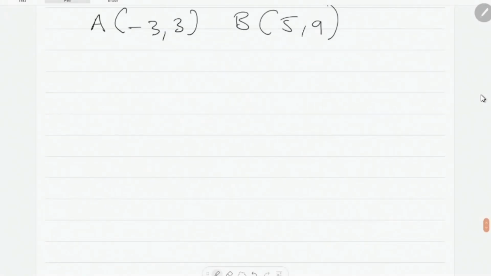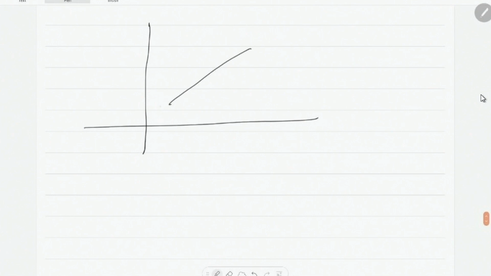So, let me draw a diagram before I explain anything. Let's say we have a line AB like that. So, point A in the x-axis, this is point X, and then let me call that point X1, and then for point B, we move from X to point X2.